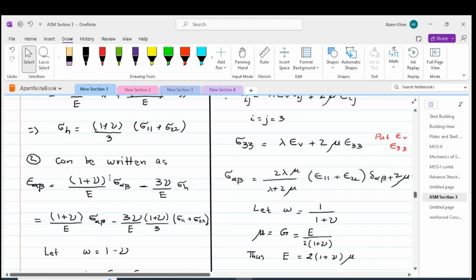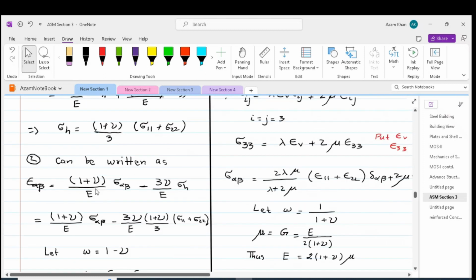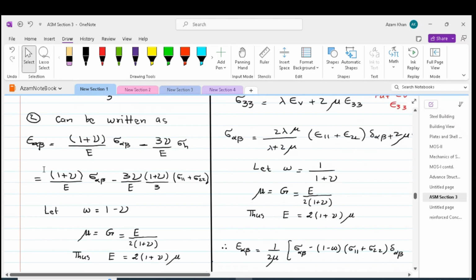This is the term involving sigma alpha beta that has been collected together, and the sigma h term has been isolated, and then we can plug in the sigma h value as shown over here, and we get epsilon alpha beta equal to 1 plus nu by E sigma alpha beta minus 3 nu by E times 1 plus nu by 3, small bracket, sigma 11 plus sigma 22.